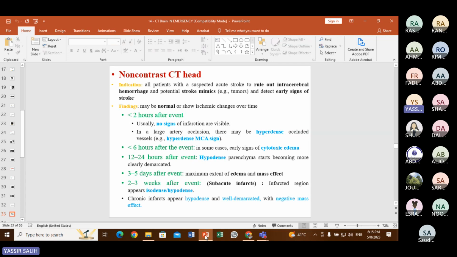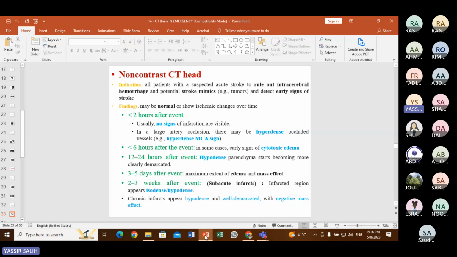Then after 3 to 5 days بيظهر لنا الليجن more organized، more hypodense, and there is maybe more edema and more mass effect، يعني نلقى mass effect, compression and midline shift.